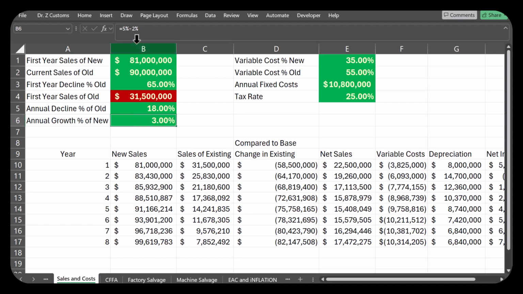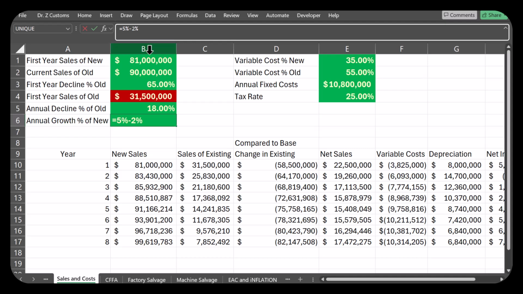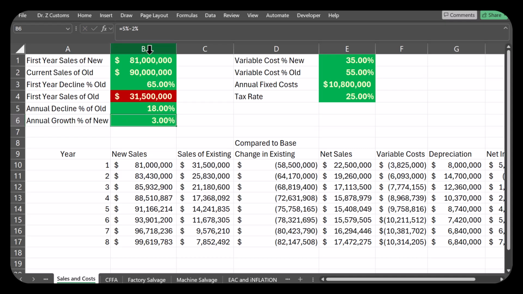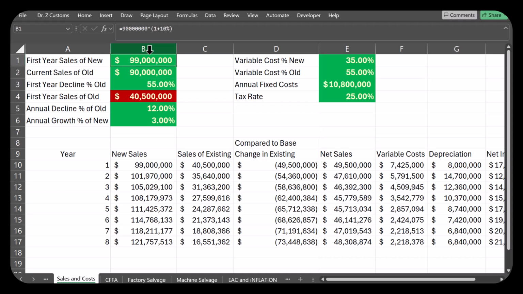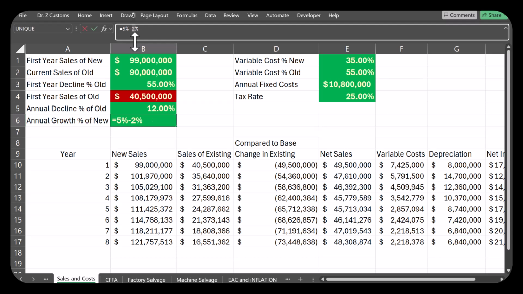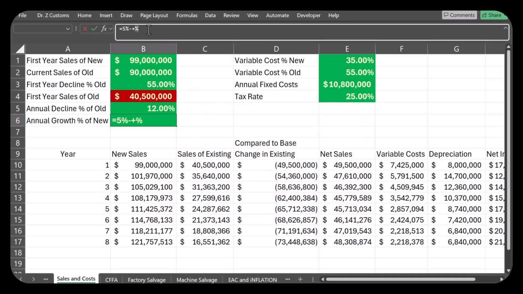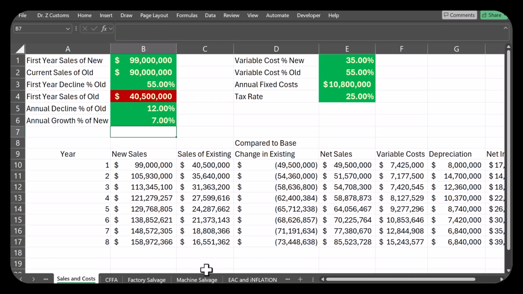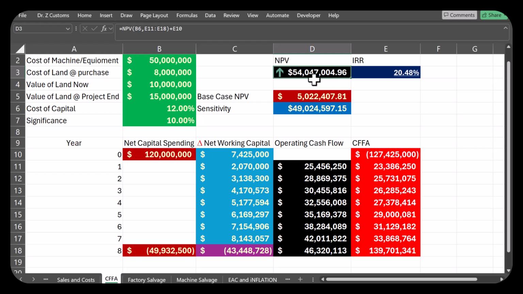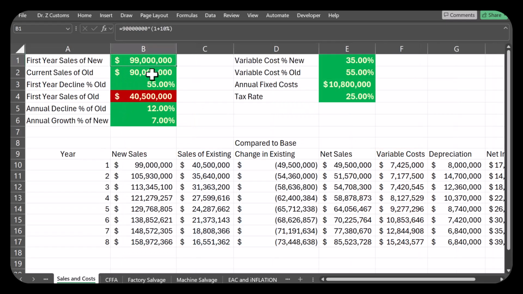Actually, let me, I think I calculated it wrong because this should have been positive. Hmm, it increased quite a bit. Let me check these. Yeah, oh, that 2% made a lot of difference.